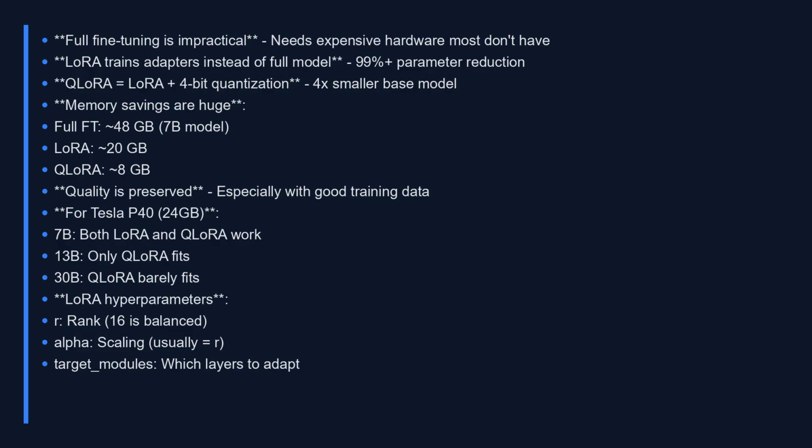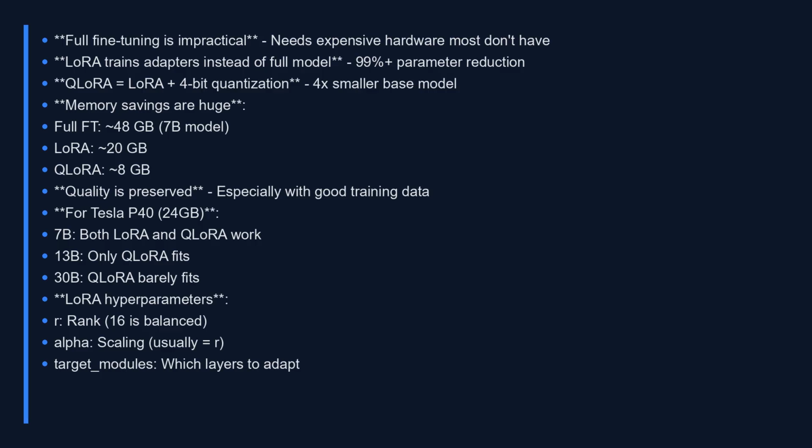QLoRA goes further by quantizing the base model to 4-bit, dropping training memory to around 8 GB with minimal quality loss. For your Tesla P40 with 24 GB, 7B models work with either method. 13B models require QLoRA, and 30B models fit with QLoRA.